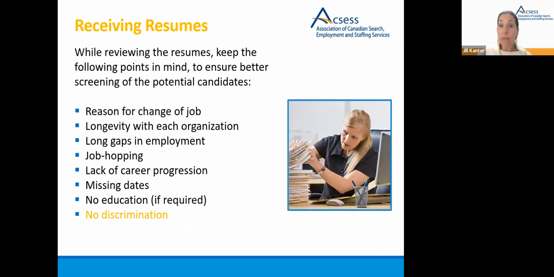But how about really thinking about receiving the resumes and managing that part of the process? Something we really want to remember is that the minute we're doing work for a client, we become liable. We are basically an extension of them when we are a third party partner helping them find candidates.